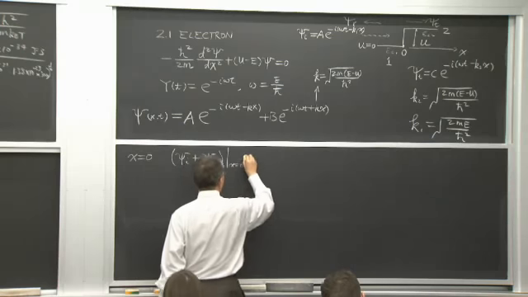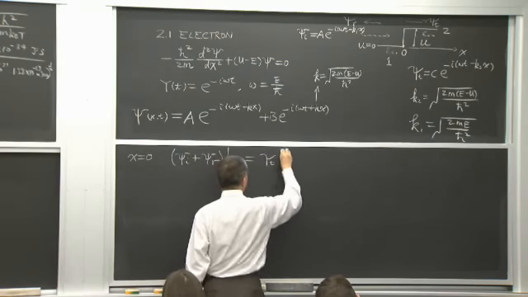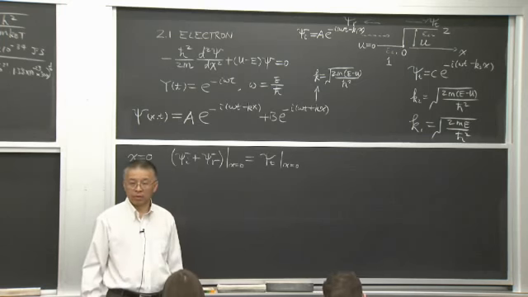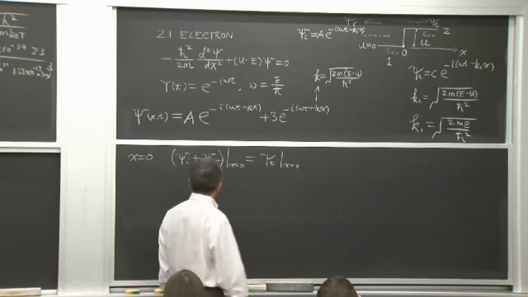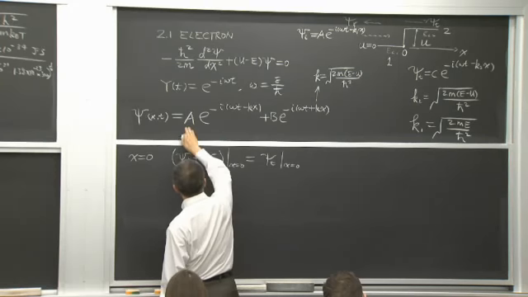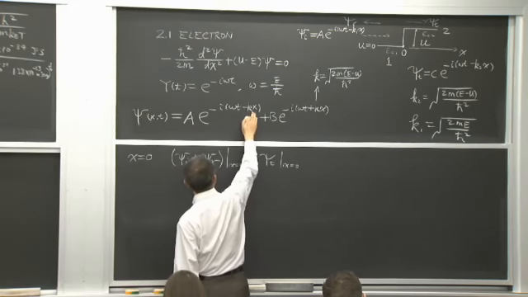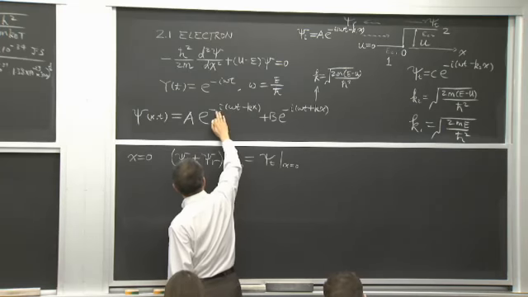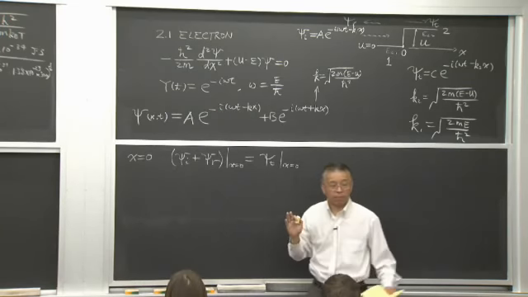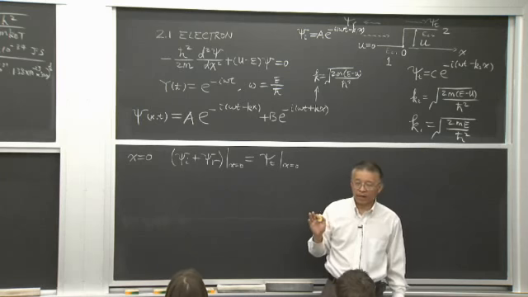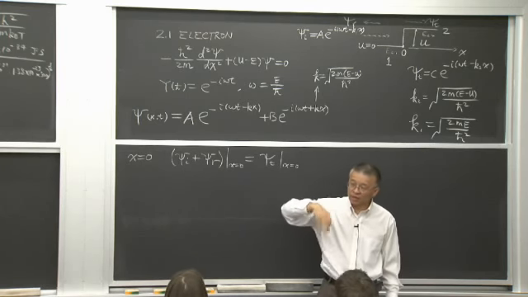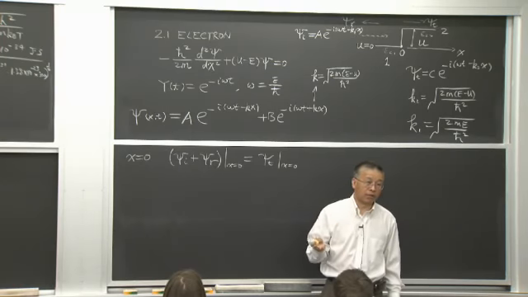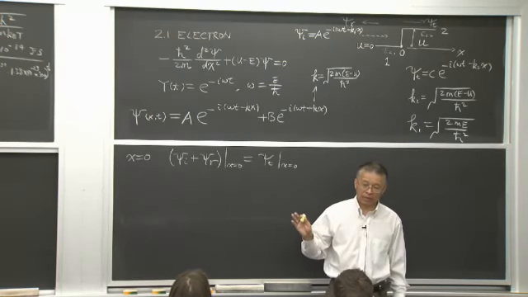This equals the transmitted wave, cosine t, at x equals 0. The incident is A, and at x equals 0, k1 x is 0. The e to the minus i omega t is shared the same. Omega is the energy of the particle, E divided by h bar, the same on both sides.